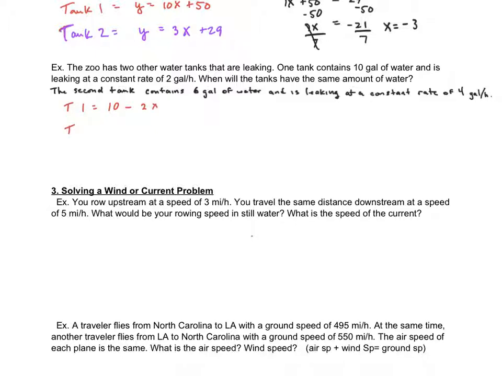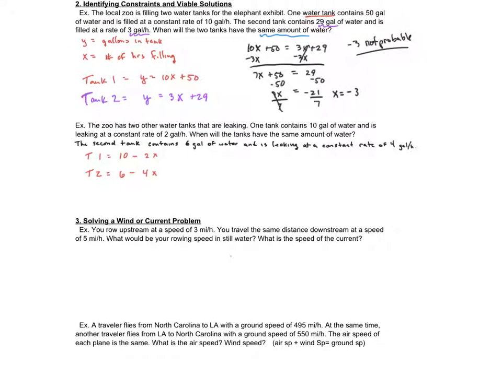And then tank 2 contains 6 gallons of water and is leaking at a constant rate of 4 gallons per hour, x being the same as before, the hours of filling, or in this case, hours of leaking.